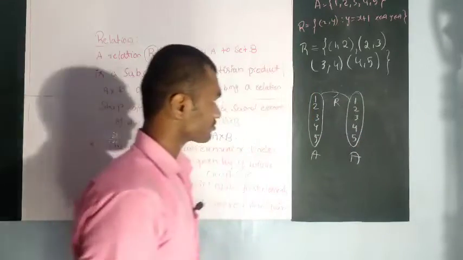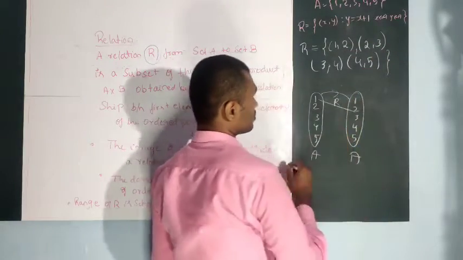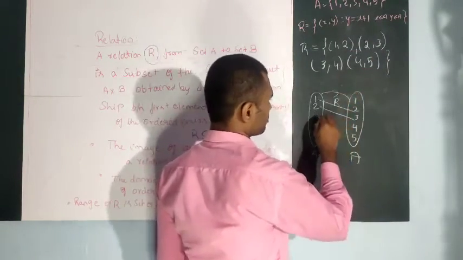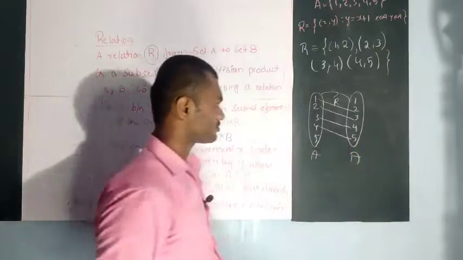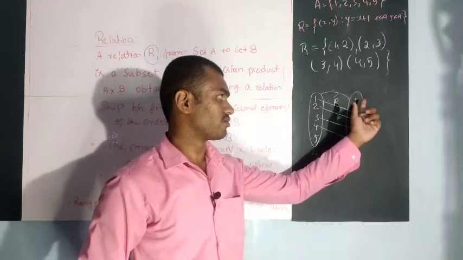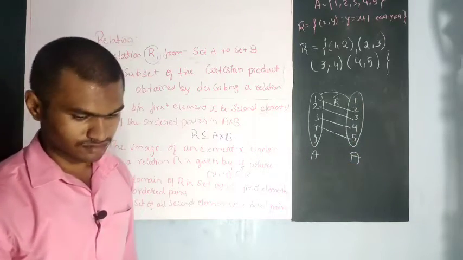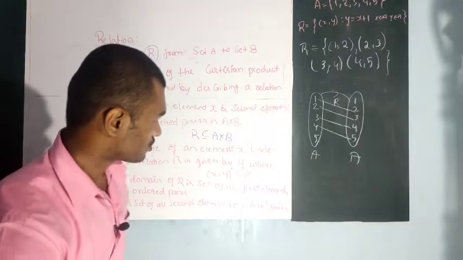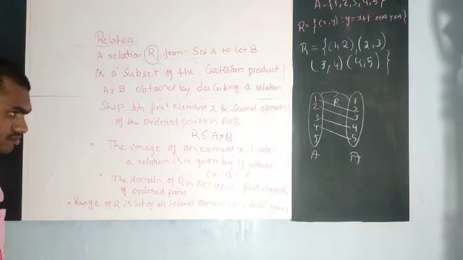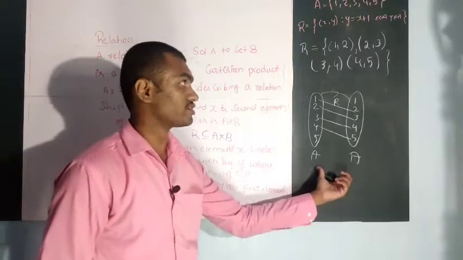So 1 to 2, then 2 to 3, 3 to 4, 4 to 5. Here for 5 we don't have an image. Here for 1 we don't have a pre-image. So we have defined a relation from set A to set A.